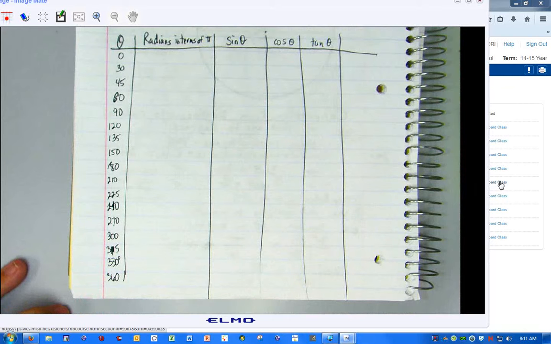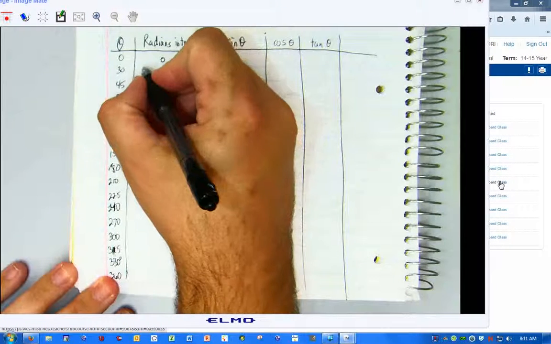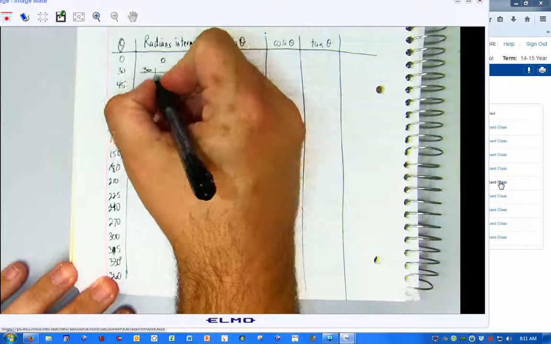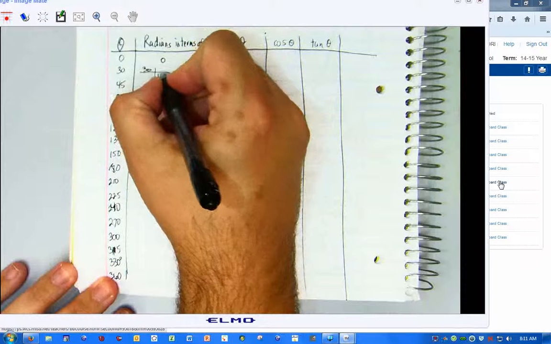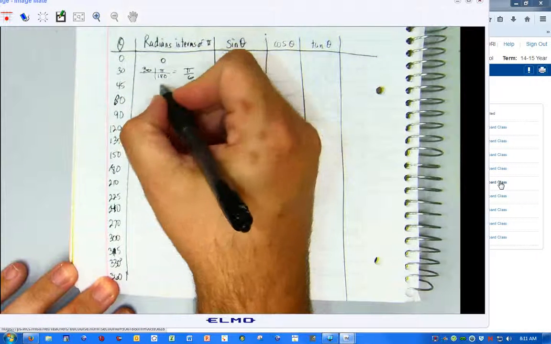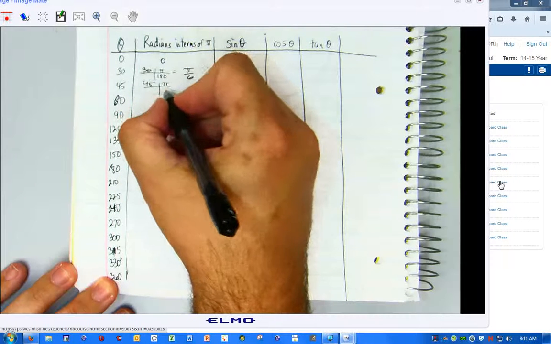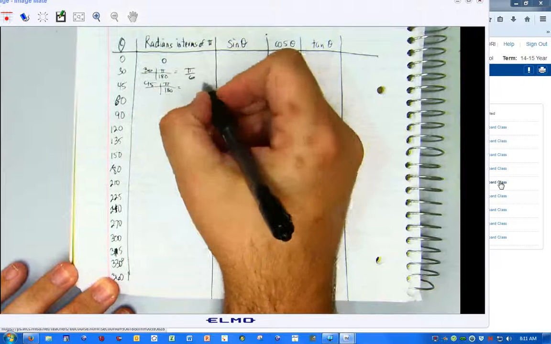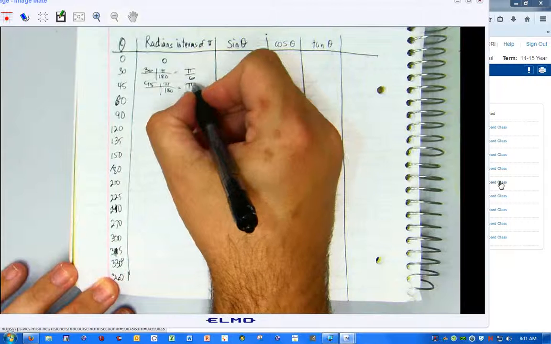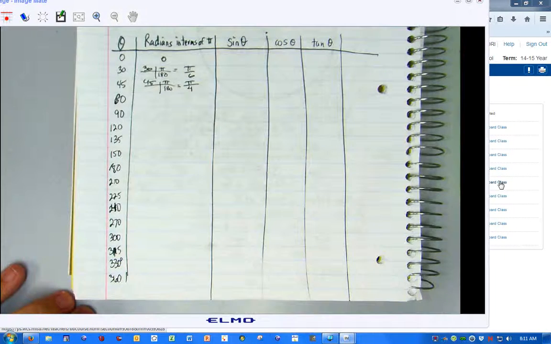Not the whole thing, but just the big three. And I already know 0 is 0 radians. I already figured out the first two. This would be 30 degrees times 180 over pi, which was pi over 6. And this would be 45 degrees times pi over 180, which is pi over 4. Those are the first three.